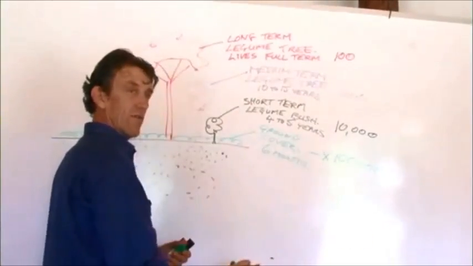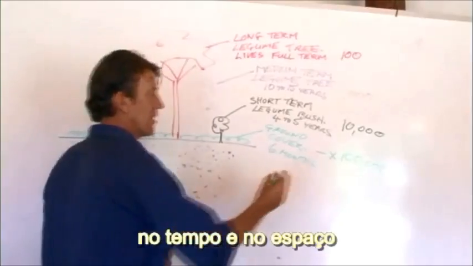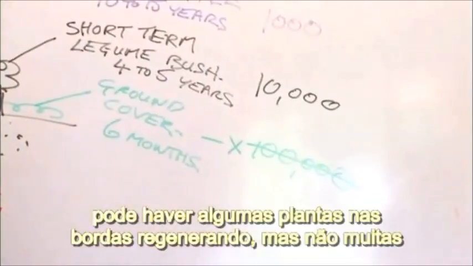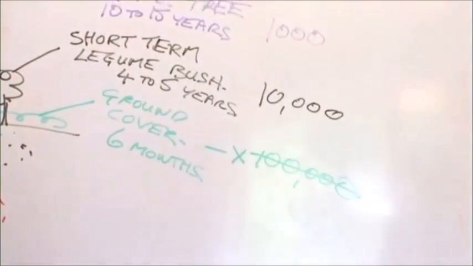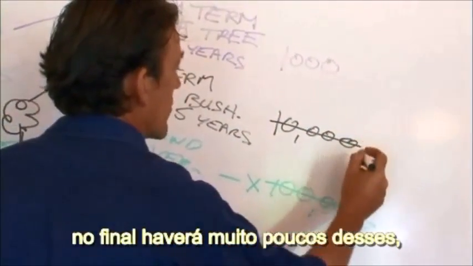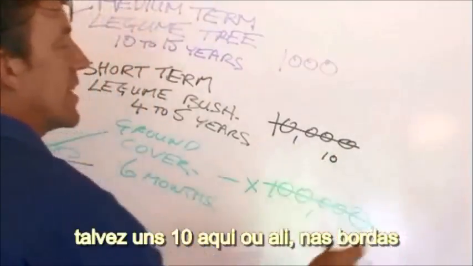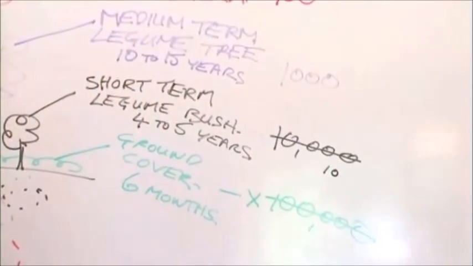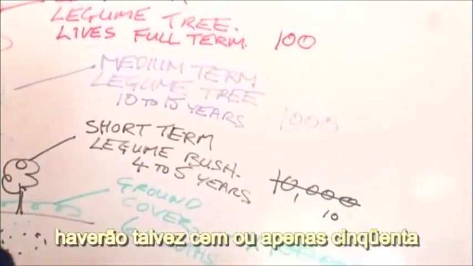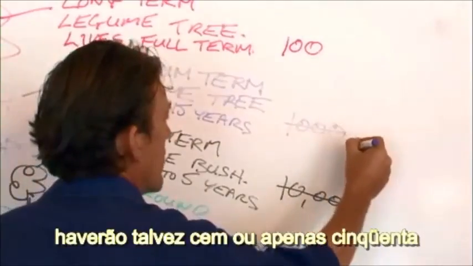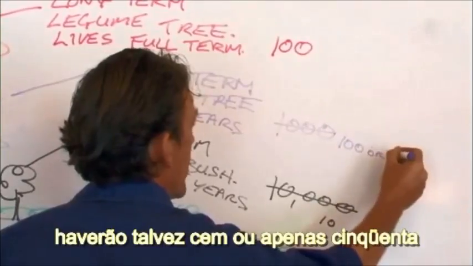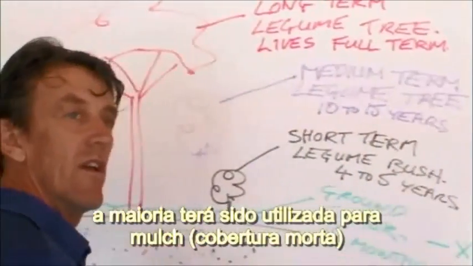and it's gone through these cycles in time and space, in 6 months they're all gone. There might be a few around the edge that regenerate, but not many. In the end, there's very few of those. There's maybe 10 here and there around the edge. With the medium-term legume trees, there's maybe 100, maybe only 50, and most of them have been used for mulch.